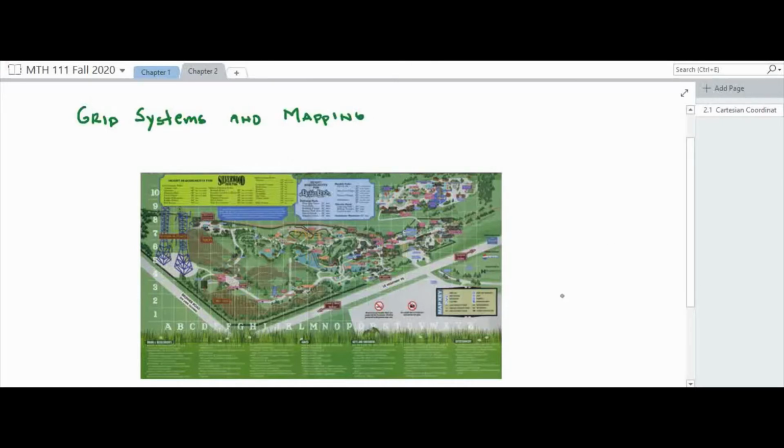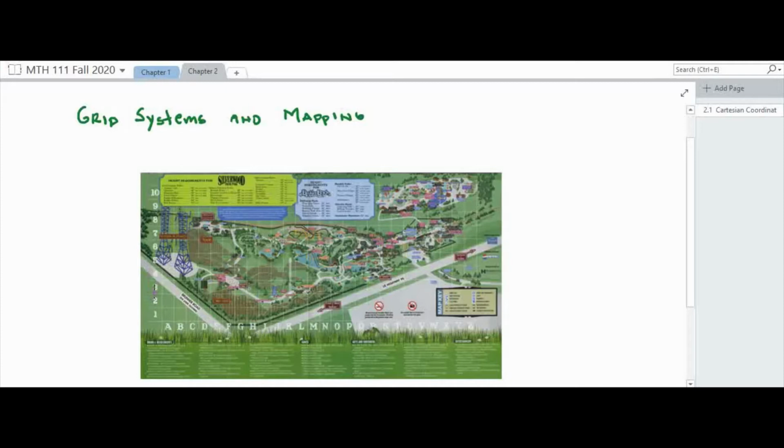Here's a grid system where you have essentially a grid of perpendicular lines superimposed over a picture of something. In this case, we have lines superimposed over a park here, the Silverwood Park.